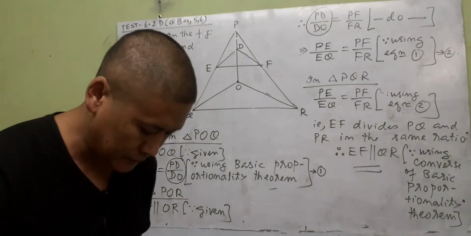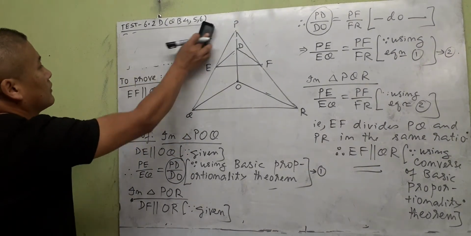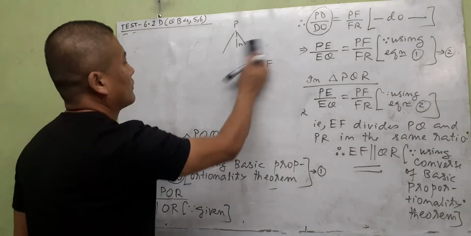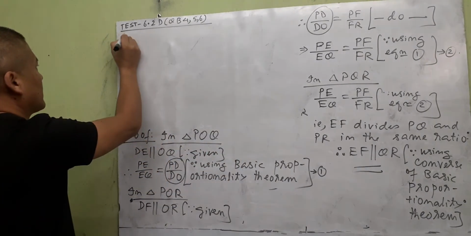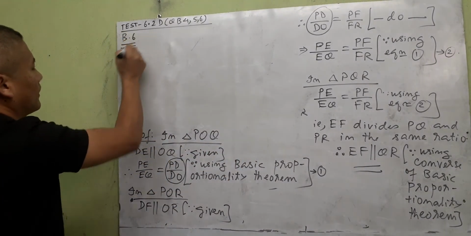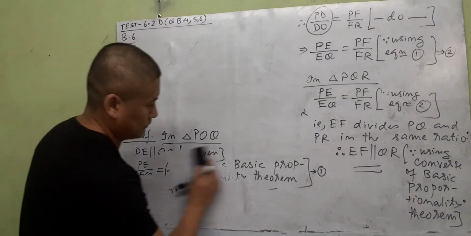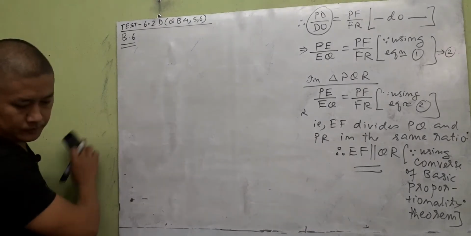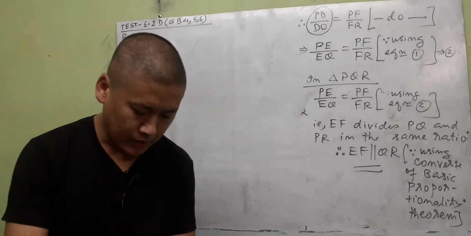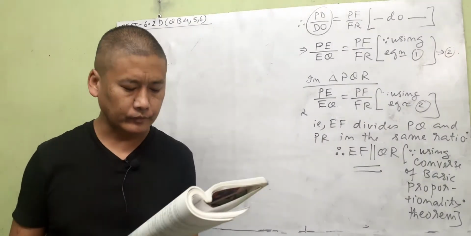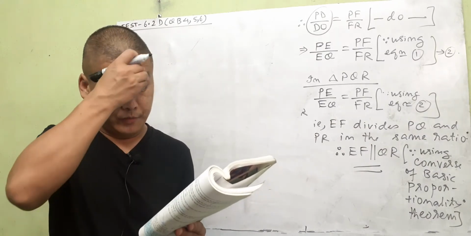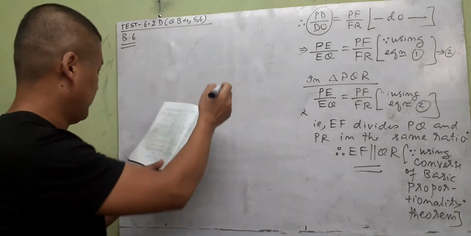Okay, now next, one more question, the final question. It's B6, page 134 of your textbook. Figure 6.24. A, B, C are points on OP, OQ, like that. Let's just draw the figure first.